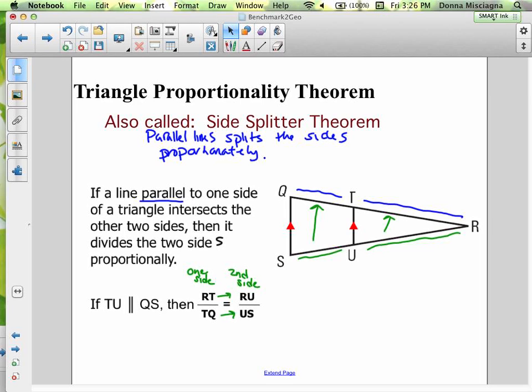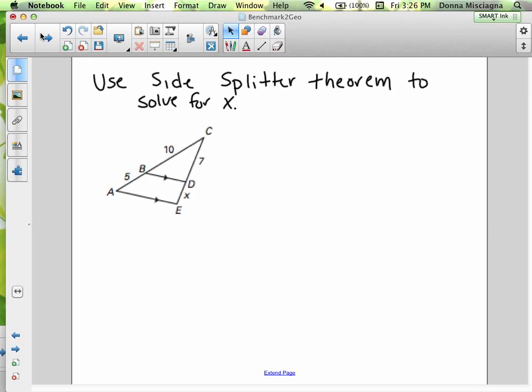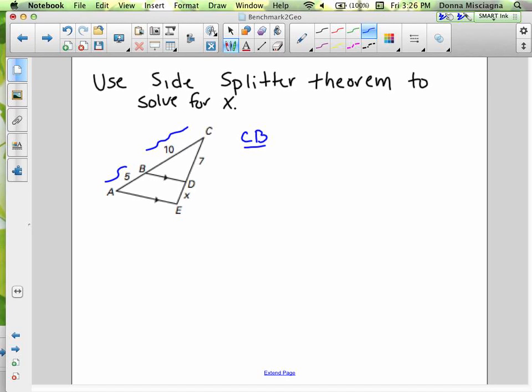Let's solve a problem so you see how it works. It doesn't matter who's in the numerator and who's in the denominator. Be consistent. So I'm going to start here. I'm going to put CB in the numerator, and that corresponds with BA.